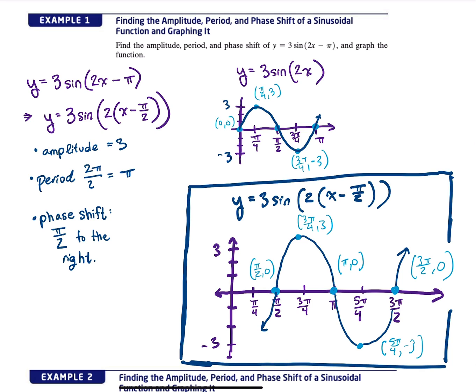So I introduced a couple ways to think about this. Either just pick your starting point from your previous graph before the shift has occurred, and then find out where that's going to land, and then you can just continue the sine wave pattern after that on your graph. Or another way to get the exact location of your points is to just take the previous x values and then add or subtract the horizontal shift.